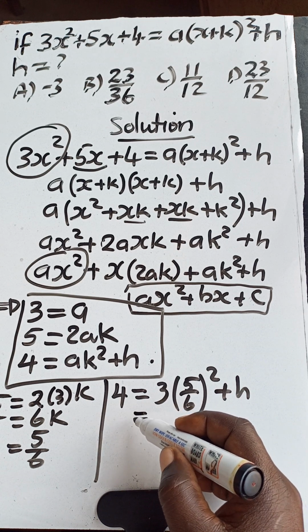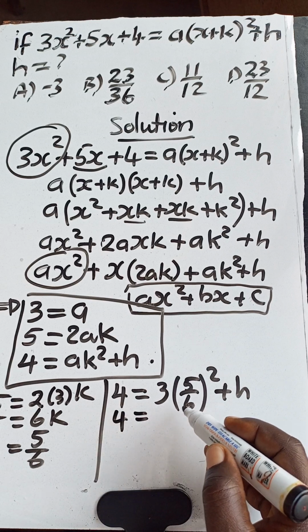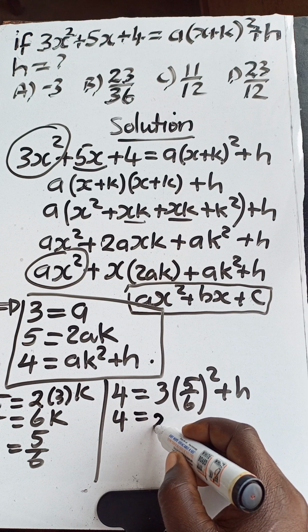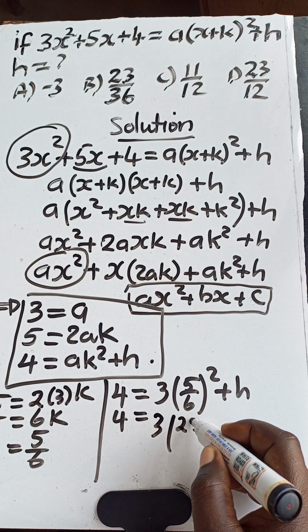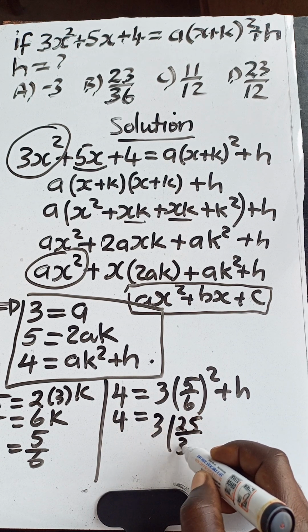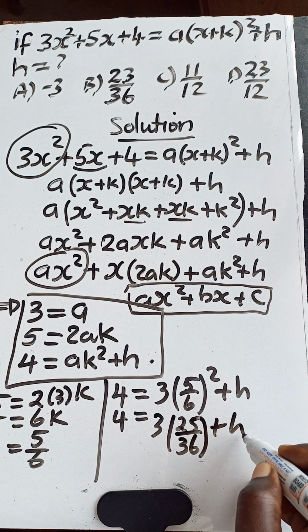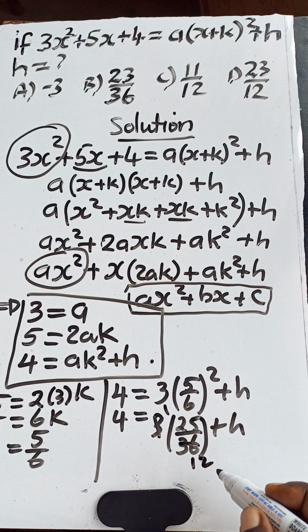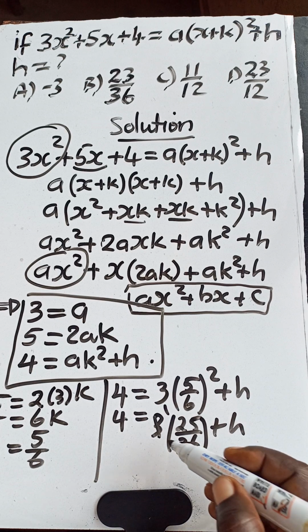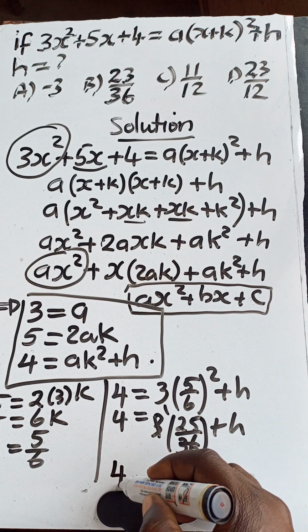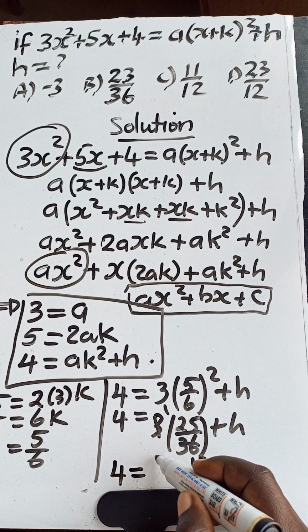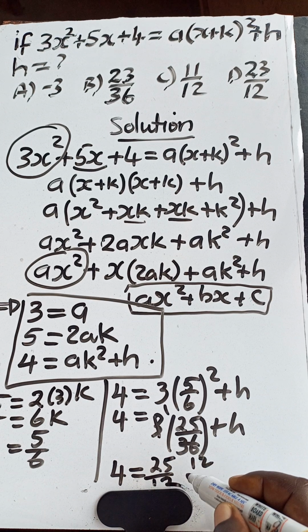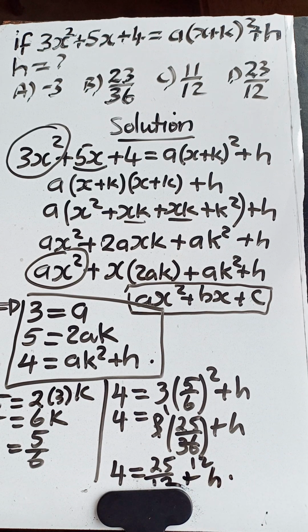So 4 equals 5 squared is 25, so we have 3 into 25 over 6 squared, which is 36, plus h. But 3 here, 1, 3 there, 12. So we have 4 is equal to 25 over 12 plus h.